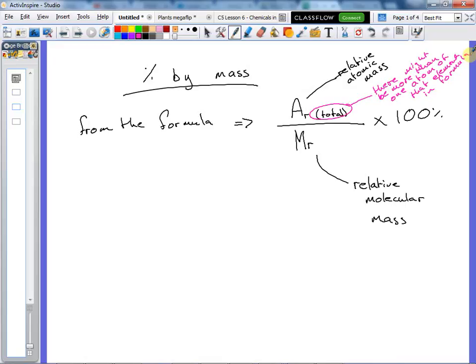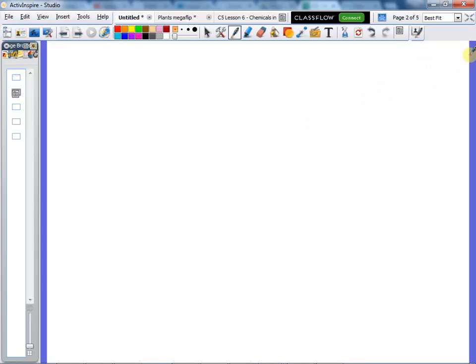Okay, so we're going to use that now and go straight into an example. The example I'm going to use is lithium fluoride. Having watched the last video, you'd know that we can add up the atomic masses of each of these.